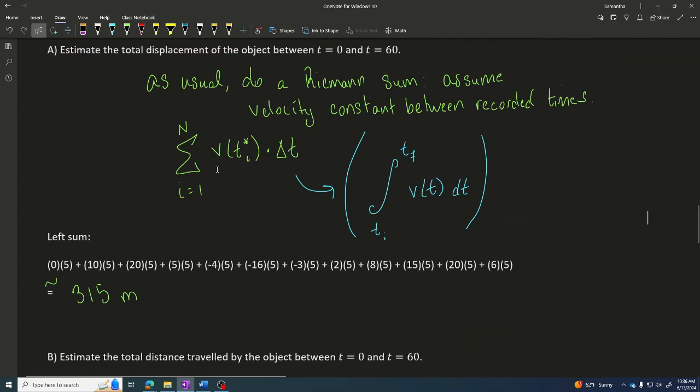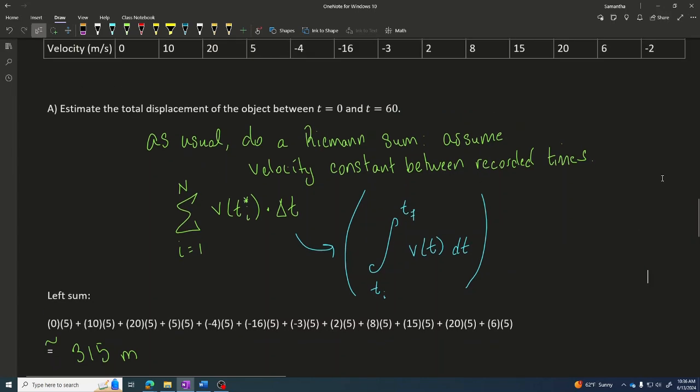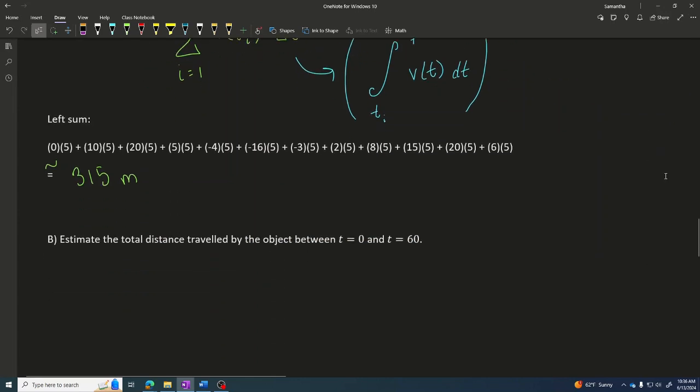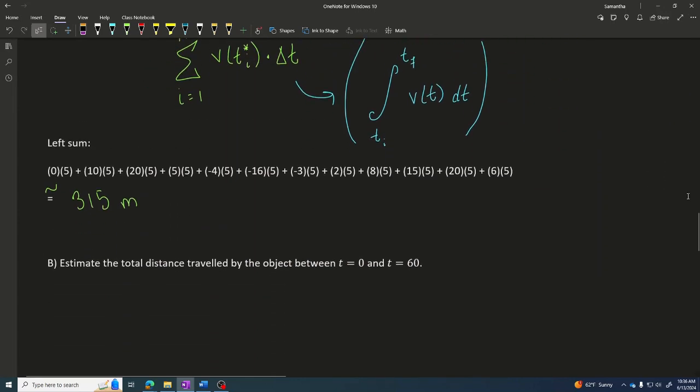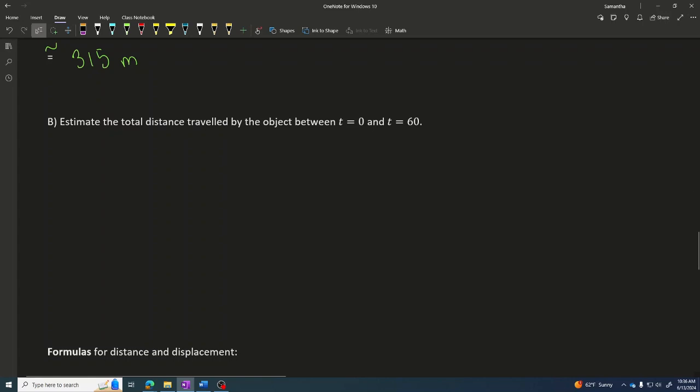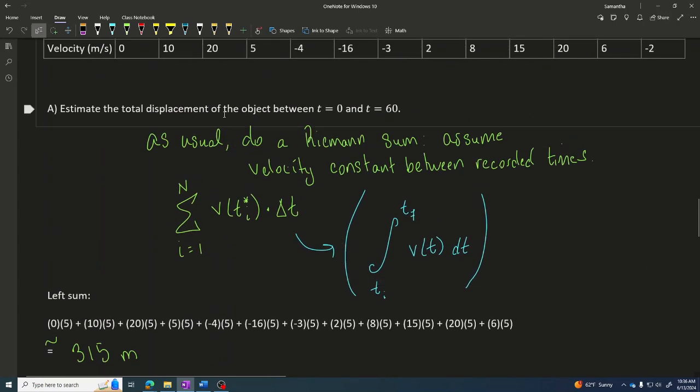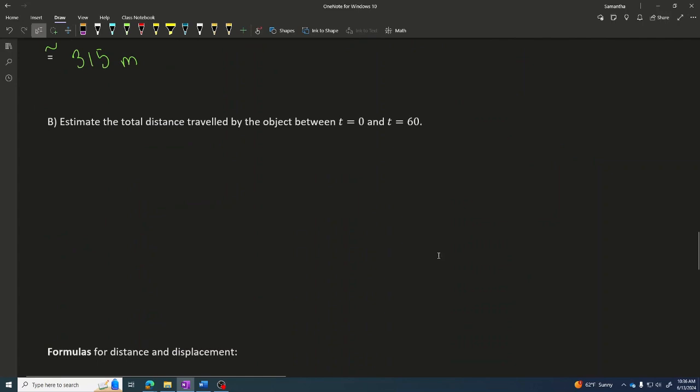And then transform that Riemann sum into an integral, allowing the space between your data to get really small so that your sigma becomes an integral sign, your delta t becomes a dt, and your ti stars become t's. This is what I'm trying to demonstrate to you, this idea. Let's get more practice with this idea, and let's try and figure out what kind of integral would be needed to calculate not displacement for this object, but distance traveled.